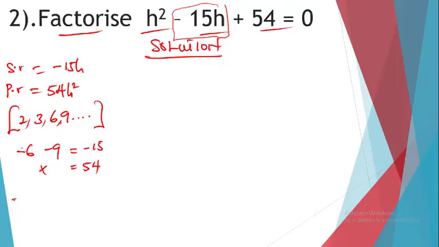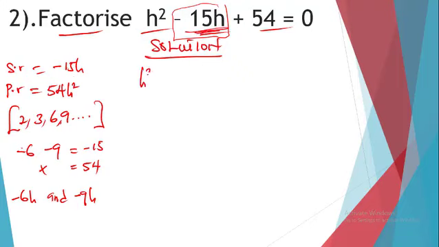So we are looking at minus 6h and minus 9h. Minus 6h times minus 9h will give us a positive 54h squared, since minus times minus is equal to plus. Okay, then minus 6h minus 9h will give us minus 15h.